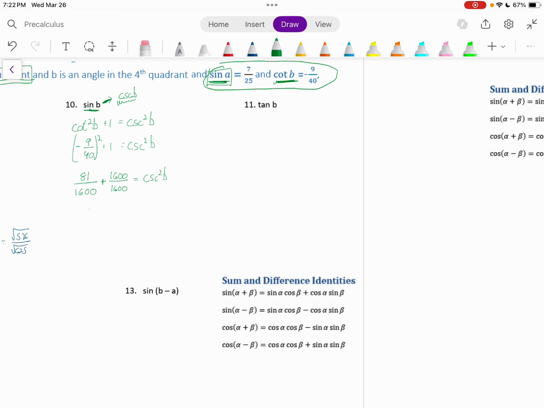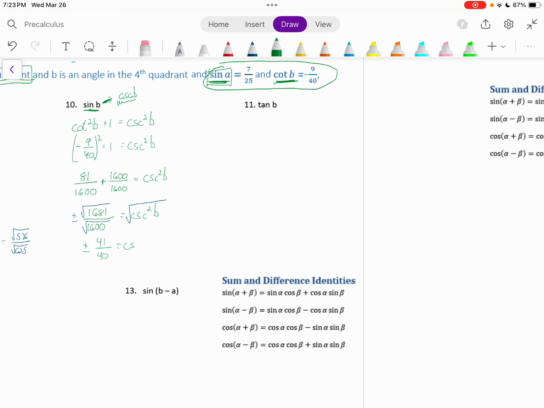So this is 1,681 over 1,600, we're just adding these fractions, equals cosecant squared B. We'll take the square root, thinking plus or minus. Let's just do the square root of the top over the square root of the bottom, plus or minus. So right now, we have plus or minus the square root of 1,681. If you put that in your calculator, you will get 41. And the square root of 1,600 is just 40.